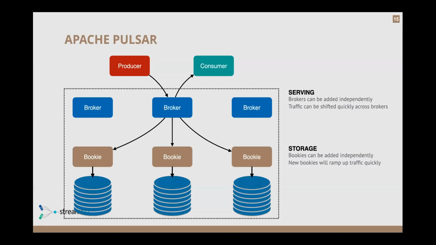So if you're in a DevOps sort of situation and you can detect and auto react to these sort of events, if your broker layer becomes slow, you can scale up brokers to offload some of the work. And similarly, if your storage becomes too full, you can just add additional bookie layers, and that's where all the storage takes place.